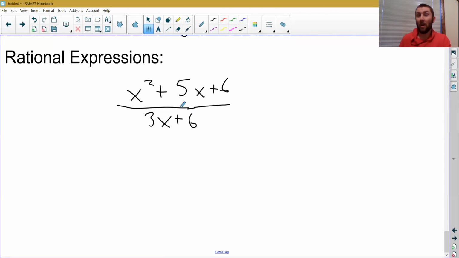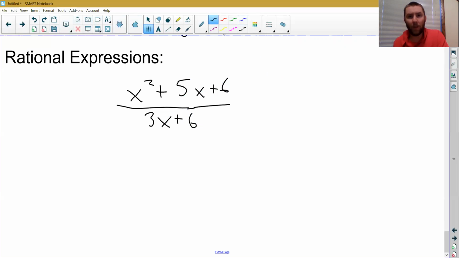Remember, we talked about factoring everything first before we cancel things out. Super important to factor it first, because one thing that you all would be tempted to do here, I guarantee you'd be tempted to go like this: well, plus 6 and plus 6, those are gone, and then your x's are gone, and you got x squared plus 5 over 3. No, you don't. We can't cancel things that are added on to other stuff, right? So plus 6's and plus 6's cannot cancel.